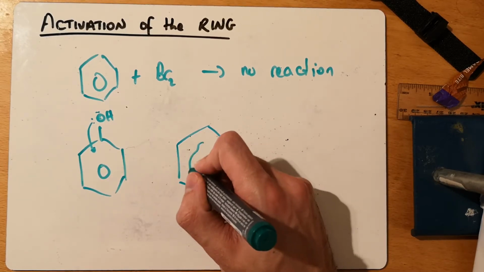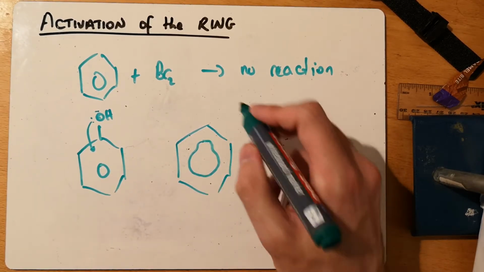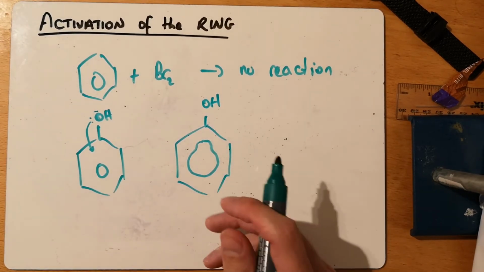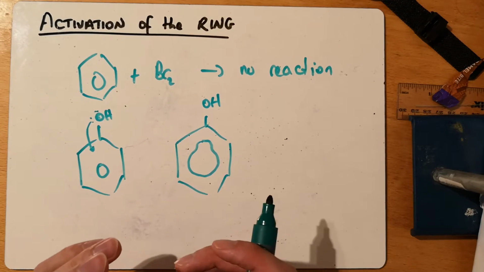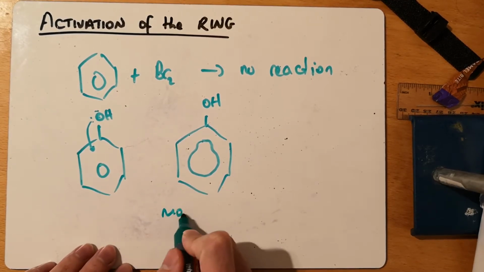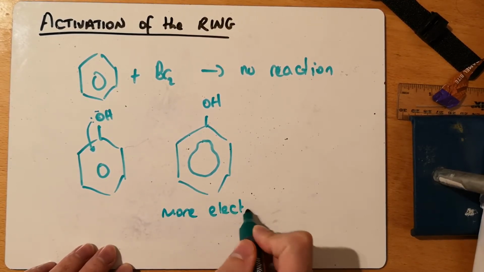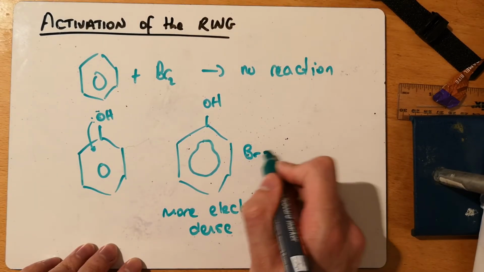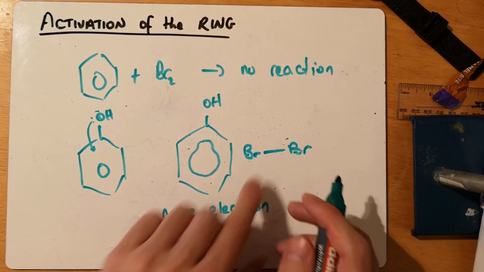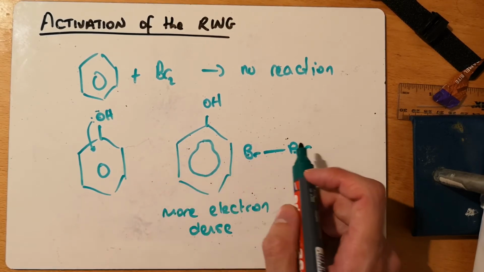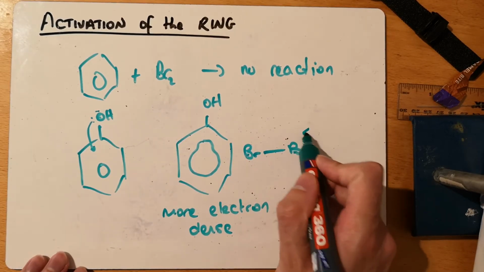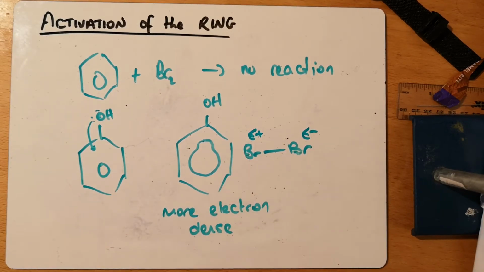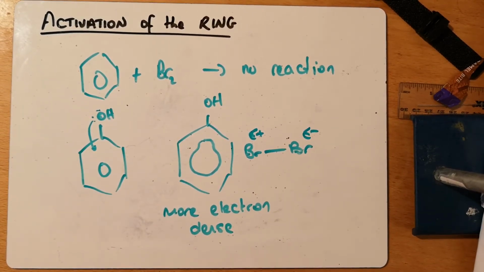Sometimes you may see in diagrams a bit bigger and a bit curved to the top. Because it has now become more electron dense, this central ring, when the bromine comes close, the electrons in the bromine, in this bond, get pushed away. And that bromine becomes delta plus, and it can be attacked.